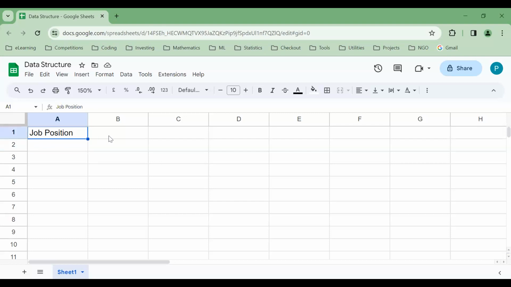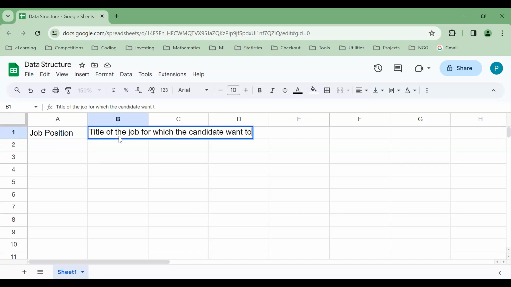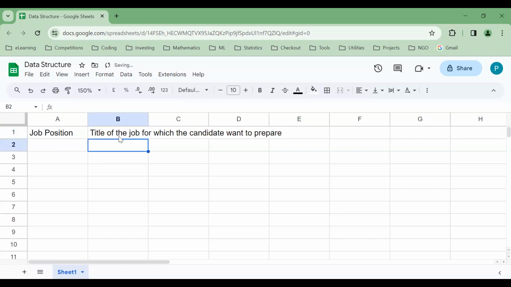So this is going to tell the title of the job for which the candidate wants to prepare. So we need to know this. And then we need the question. Okay. So this is needed.